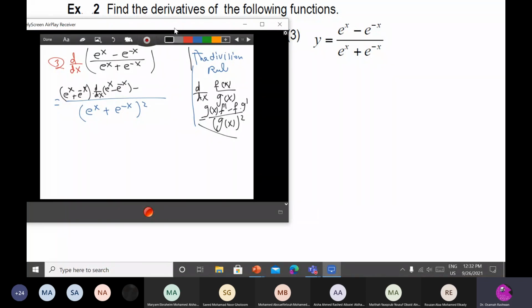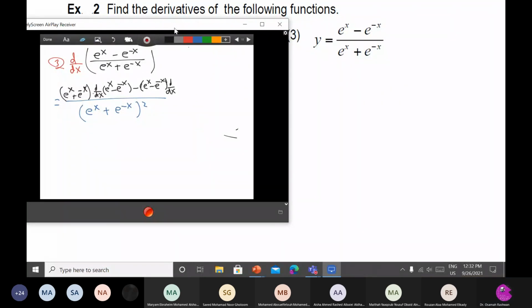Minus the numerator itself, e to the x minus e to the minus x, times the derivative of the denominator, e to the x plus e to the minus x. Okay. I just apply the division rule here.